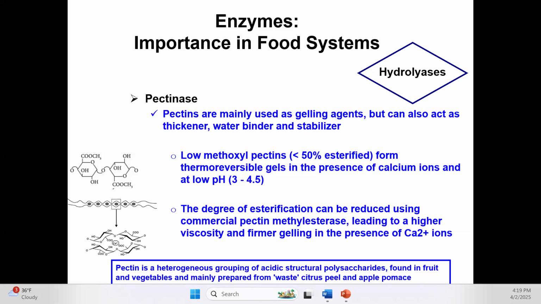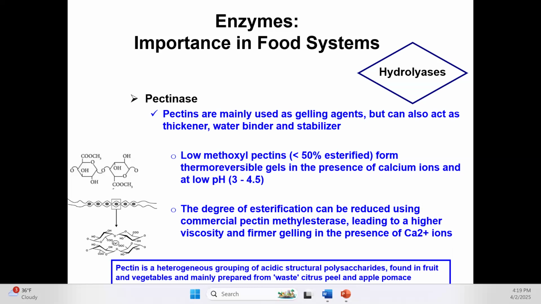The number of methoxy groups attached determines how well it can form a gel. If you have less than 50% esterification with methoxy groups, you can form a gel because you have COO minus, and divalent ions help with the formation of the gels.